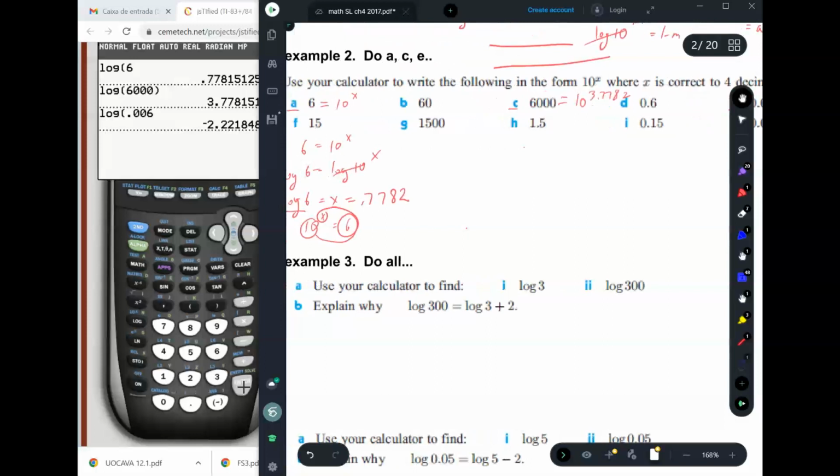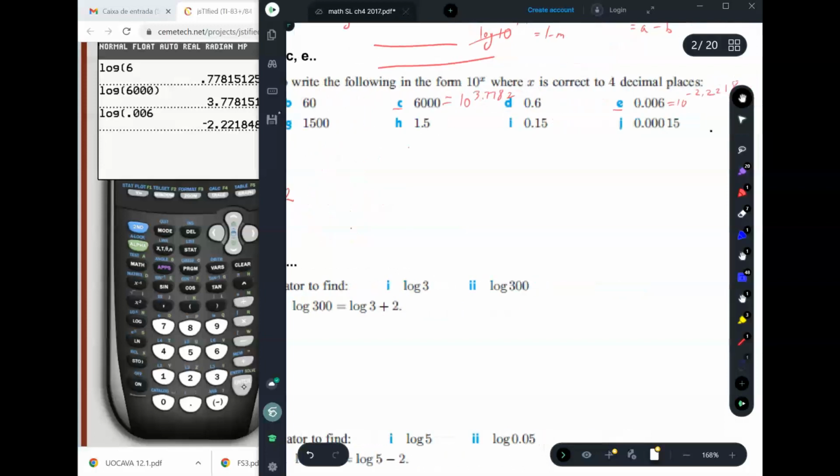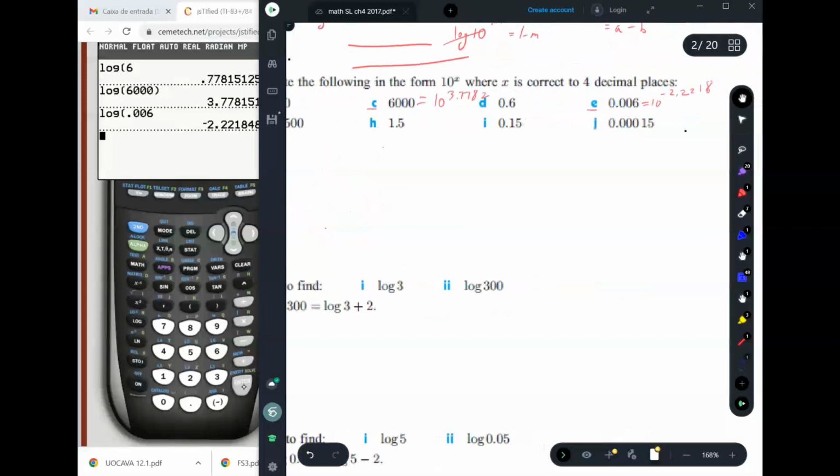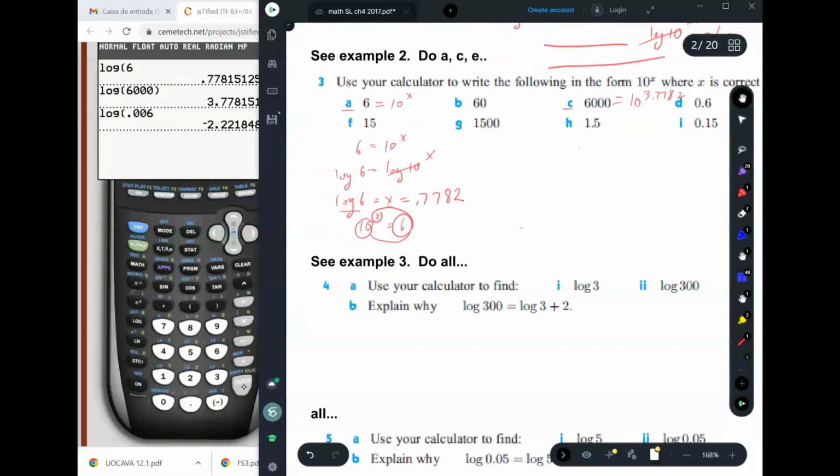So log of 6 gives you 0.7782. Log of 6,000 gives you 0.7782 plus 3. Okay, because the sixth part of it is represented by the 0.7782. And this one is not 0.7782, but if you do 1 minus 0.7782, you'll see that 0.2218 is 1 minus 0.7782. So you see like a numerical pattern there too.